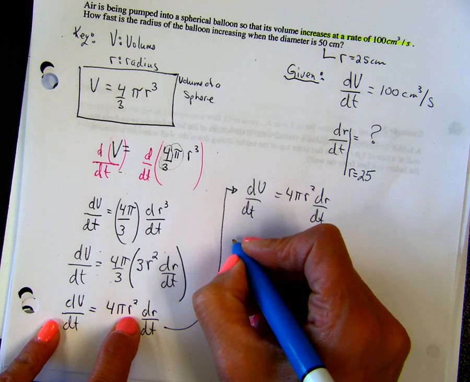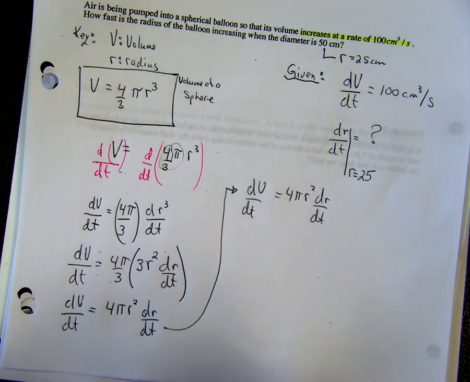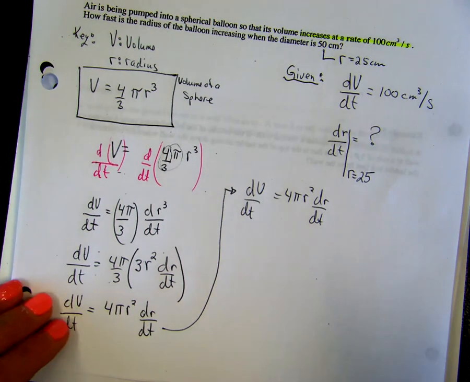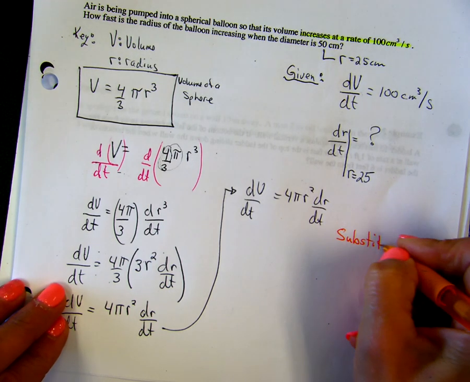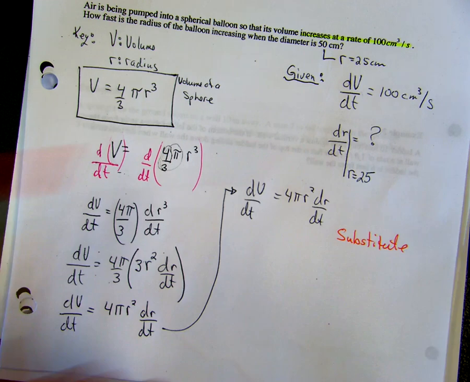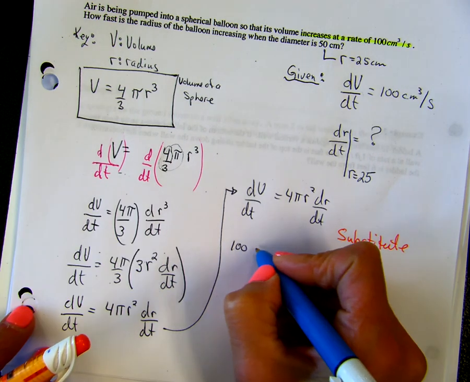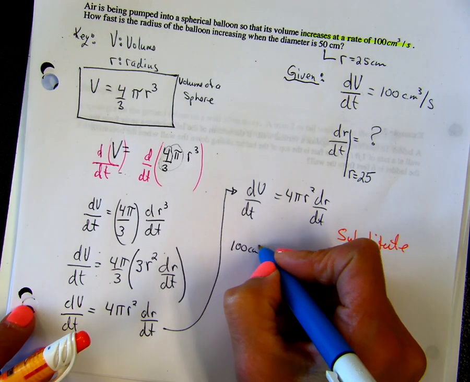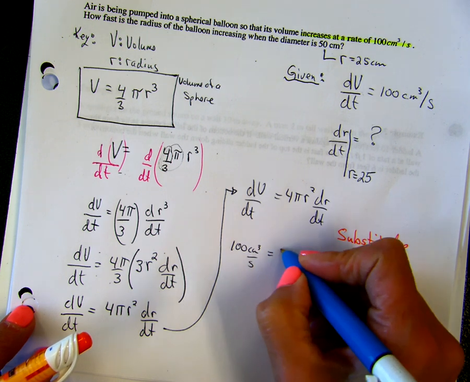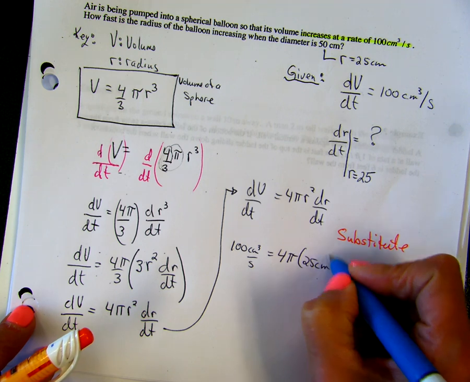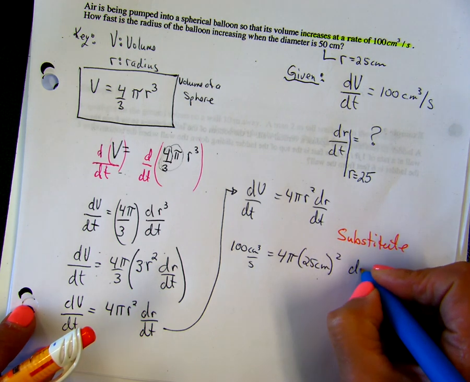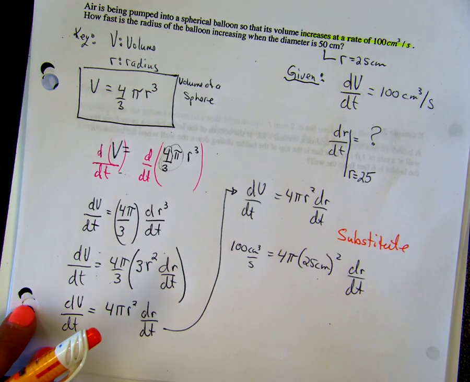So dV/dt, now I'm ready to substitute. So this is 100 centimeters cubed per second is equal to 4 pi times 25 centimeters all squared, dr/dt.